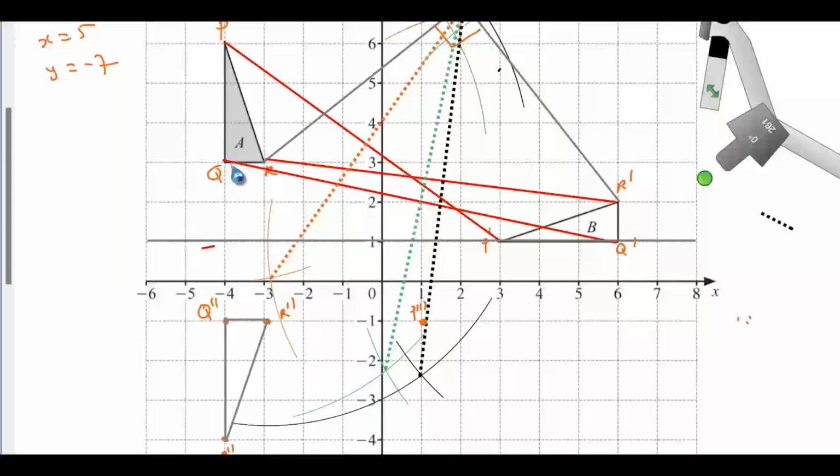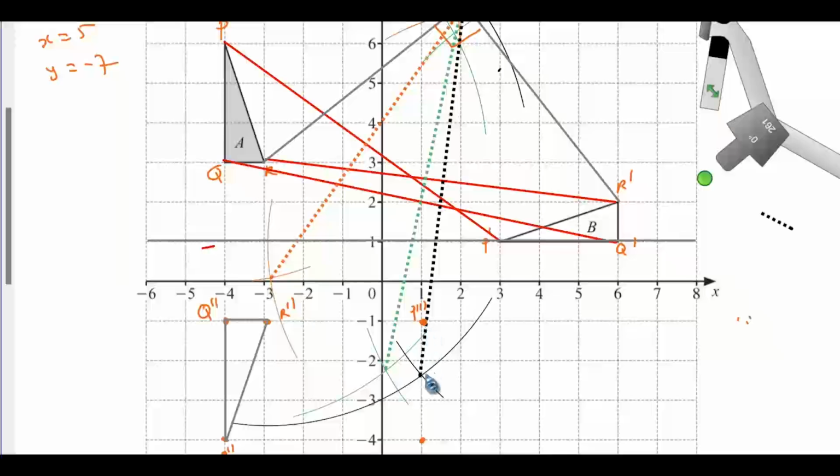So point P. So let's count 5. 1, 2, 3, 4, 5. Then 7 downward. 1, 2, 3, 4, 5, 6, 7. So the point will be here. Okay, so let's denote this here. Since P and Q are on the same straight line, they will be here, and you can check the gap between them is 1, 2, 3.